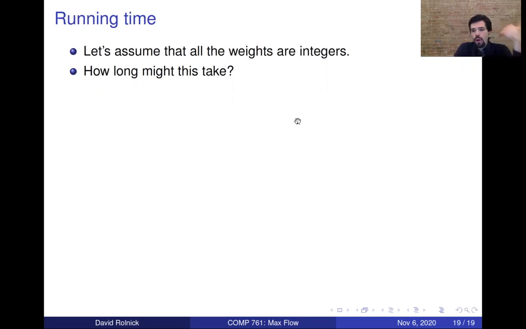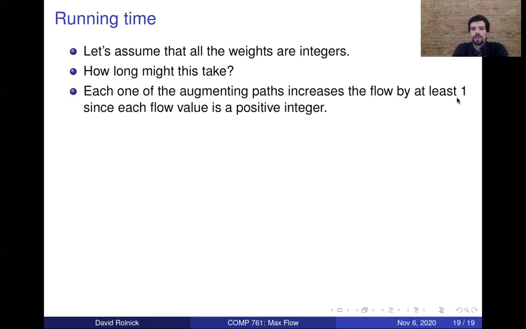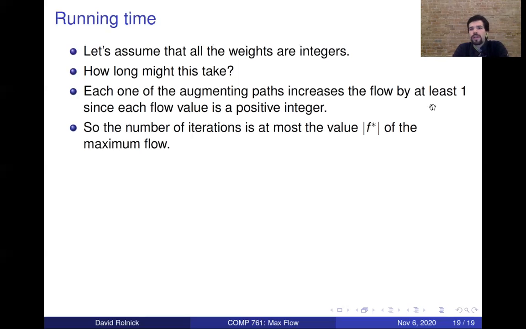Each augmenting path that you add, you can think about how many augmenting paths you're going to add, how many times you're going to iterate, and also how long it takes to do a single one of these iterations. Each one of those augmenting paths is going to increase the flow by at least 1, since each flow value is a positive integer. You started out at 0, you add at least 1 each time you add an augmenting path. So the number of iterations is at most the value of the maximum flow.